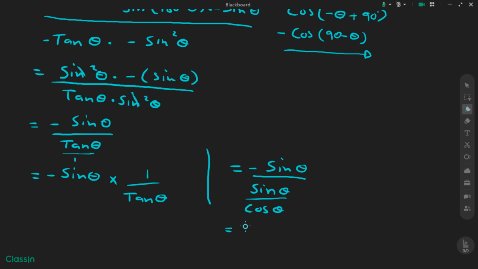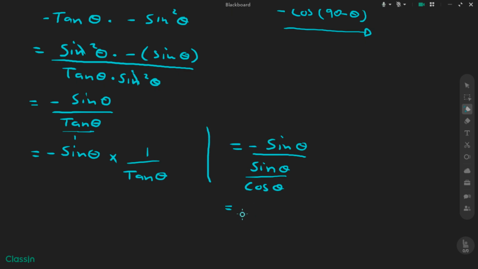We can write this as negative sine theta. Then we change this from division to multiplication. This one will come on top, this one will come at the bottom, then cos theta over sine theta. So this will cancel that. Our answer is negative cos theta.